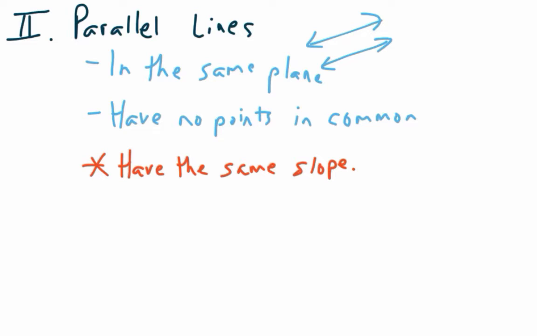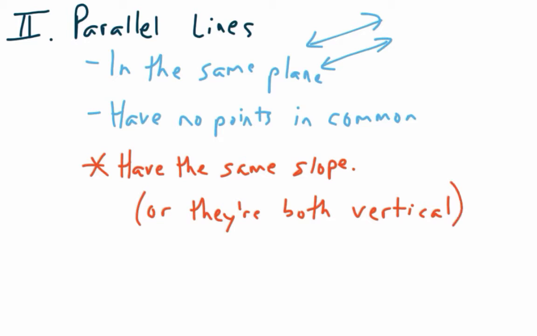The exception would be, what type of line has no slope? What type of line has an undefined slope? Yep, vertical, or up and down. So they have the same slope, or you could say they're both vertical. Another way to say that is they have the same slope, or both of them have an undefined slope, being like a vertical line.